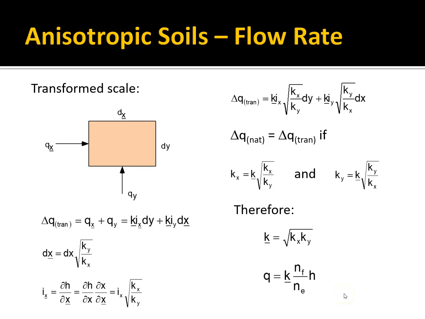So the bottom line is you count the number of flow channels, you count the number of equipotential drops and the total head loss like we did before, and then you combine kx and ky into this single k bar, k transform term, and you have the correct flow rate through your flownet solution to anisotropic soils.